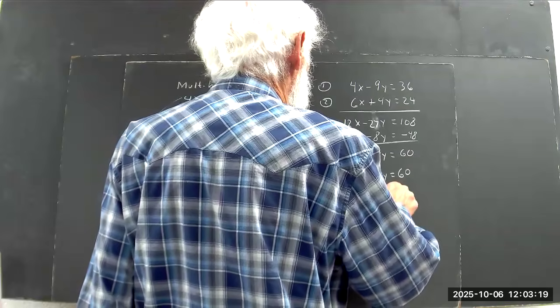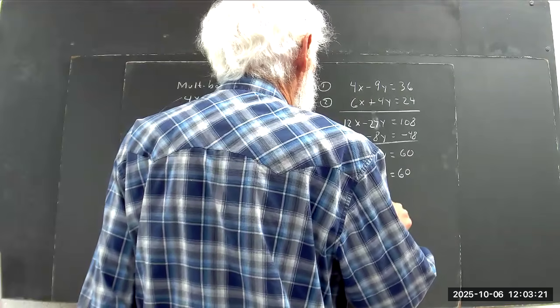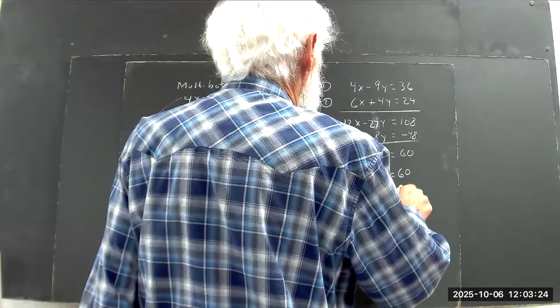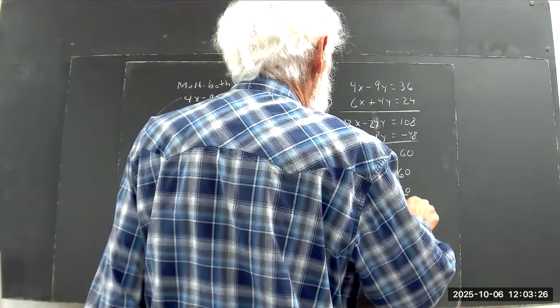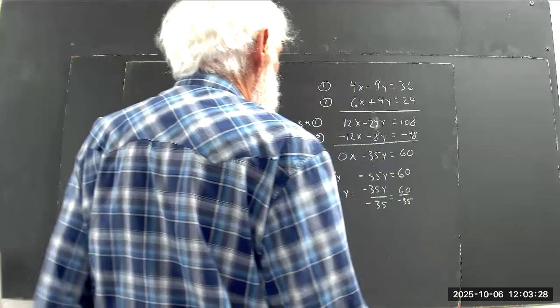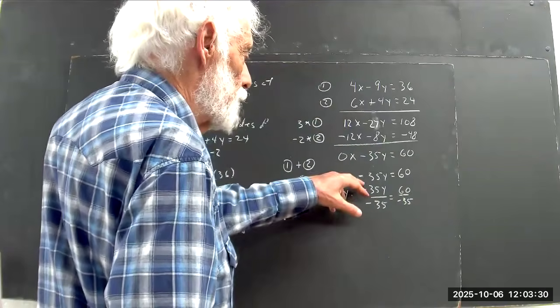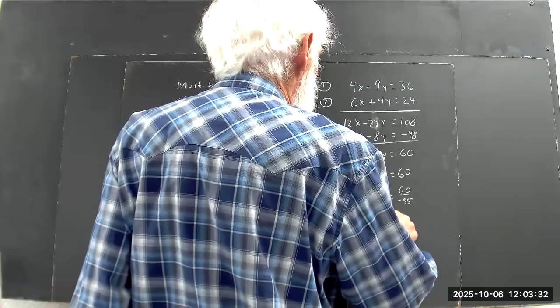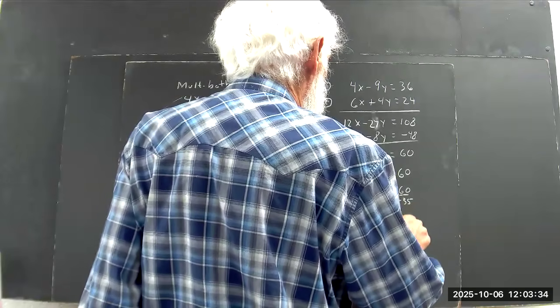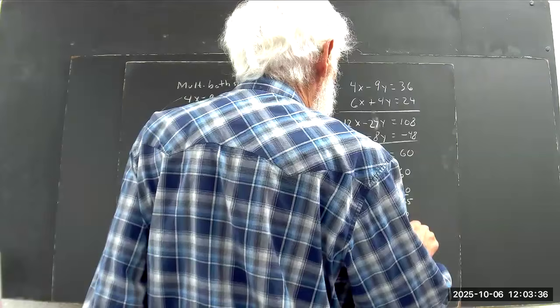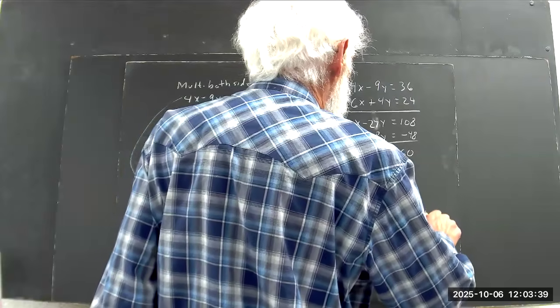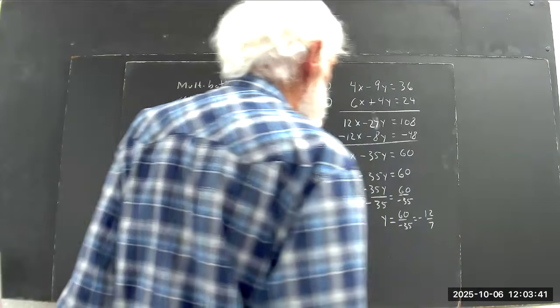We divide -35y by -35. And that will equal 60 divided by -35. So -35 goes into -35 once, and we get y equals 60 over -35, which is -12 sevenths.